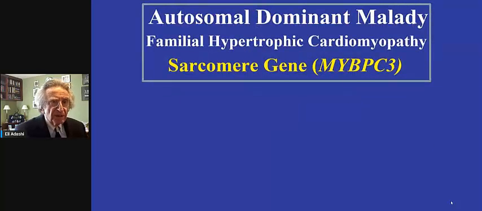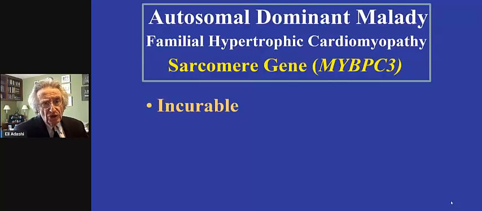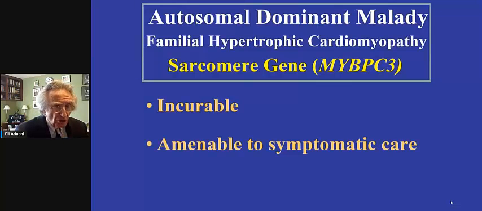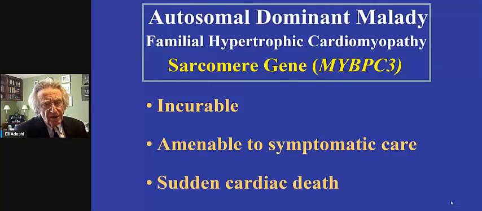Therein, Dr. Mitalipov focused on the sarcomere gene, which gives rise to familial hypertrophic cardiomyopathy, which, as you know, is incurable, is amenable to symptomatic care, and usually ends up in sudden cardiac death.